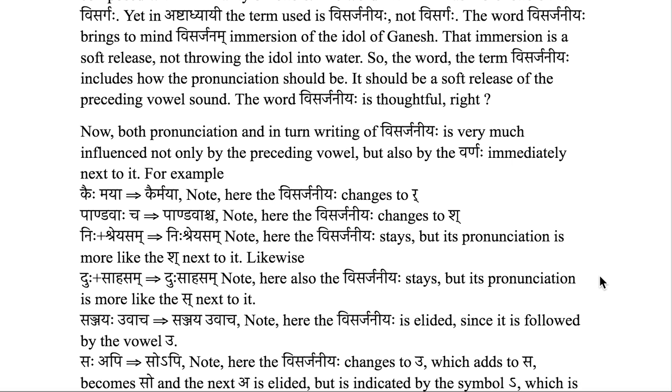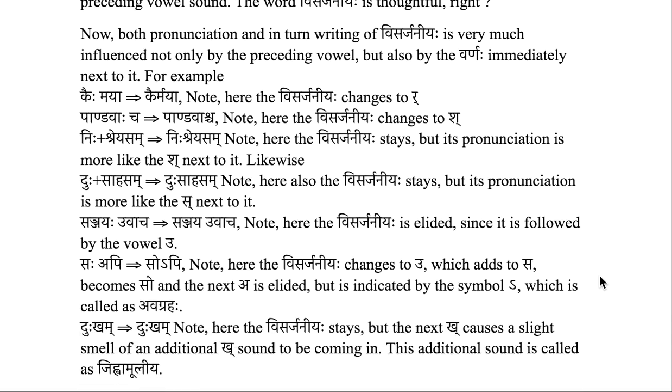For example, kaihi maya would become kairmaya. Note, here the visarjaniya changes to ra. Pandavascha. Note, here the visarjaniya changes to sh. Nishreyasam. Note, here the visarjaniya stays, but its pronunciation is more like the sh next to it. Likewise, dussahasam.